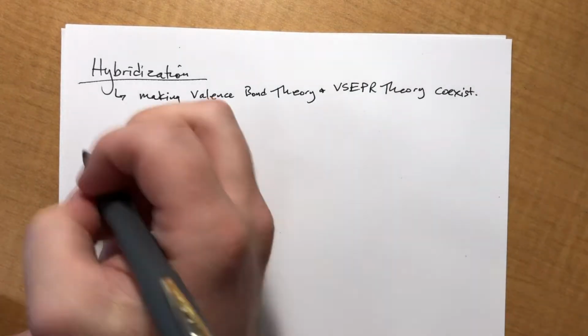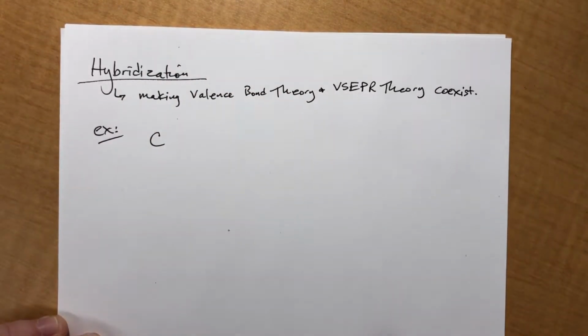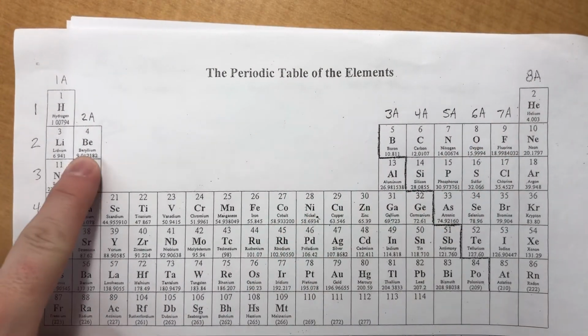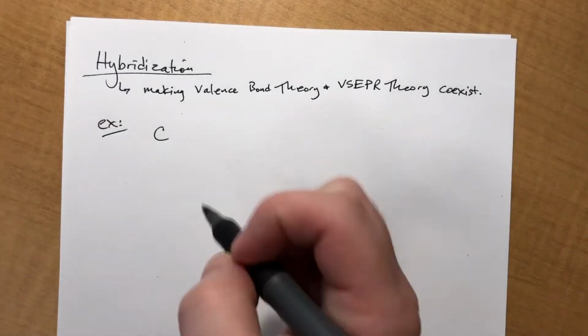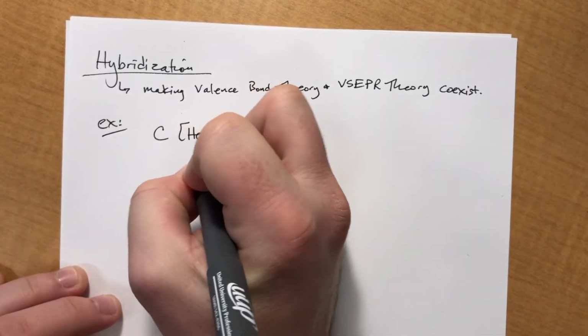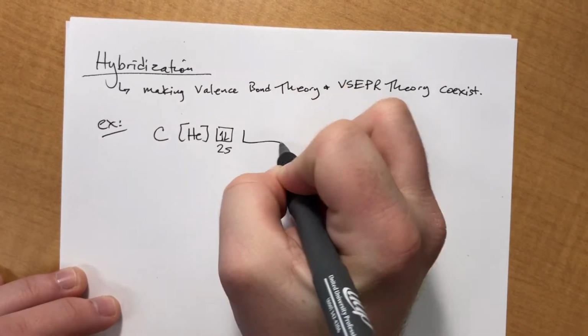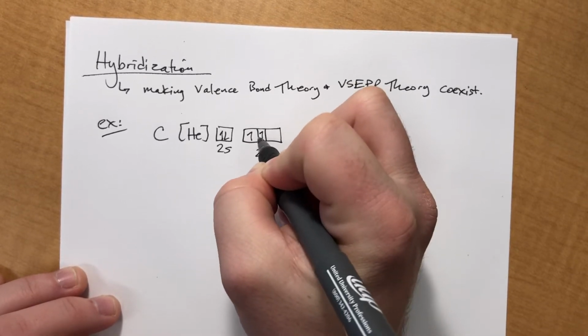So for example, if you talk about carbon, okay, coming back to orbital diagrams here, you would have helium, 2s2, 2p2. Up arrow in each of those.